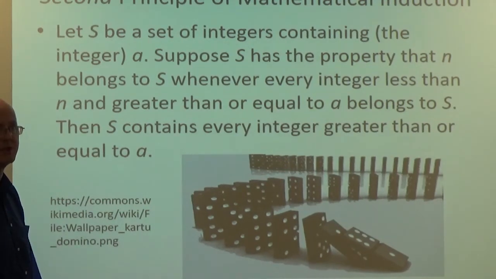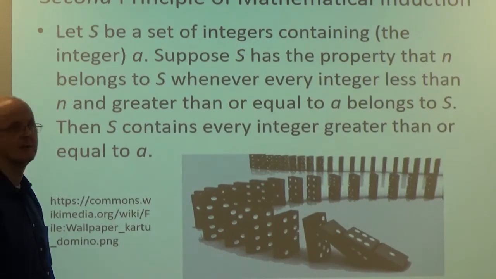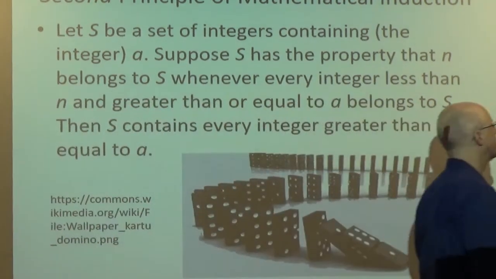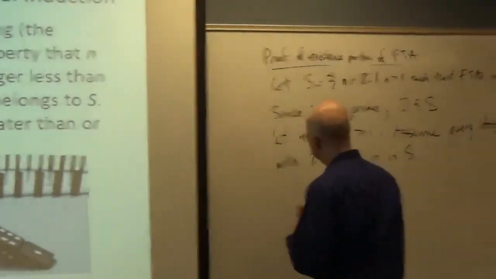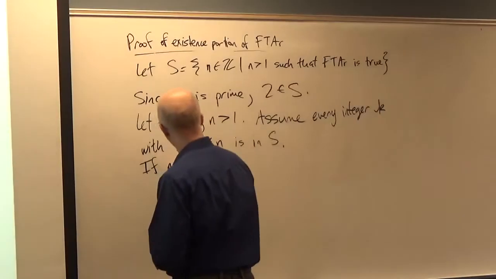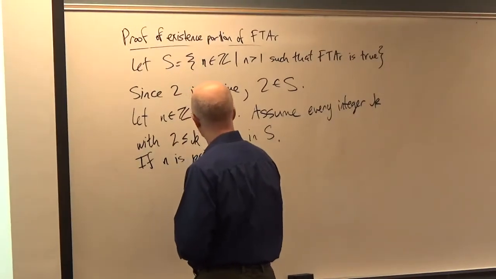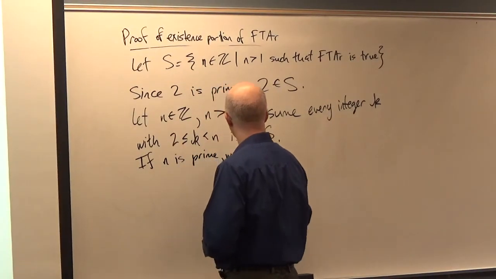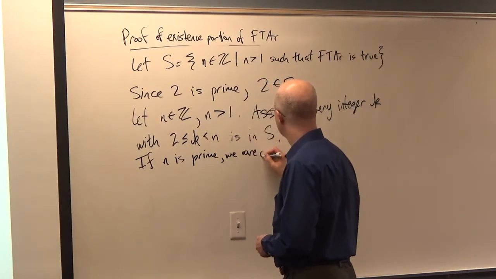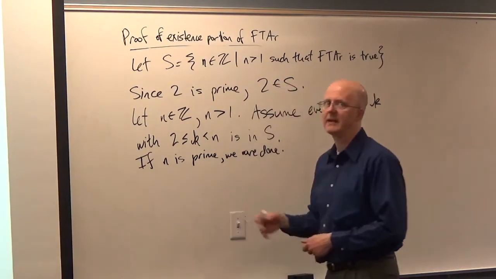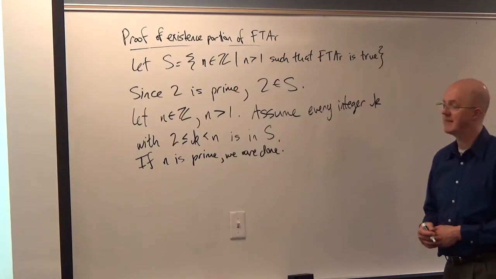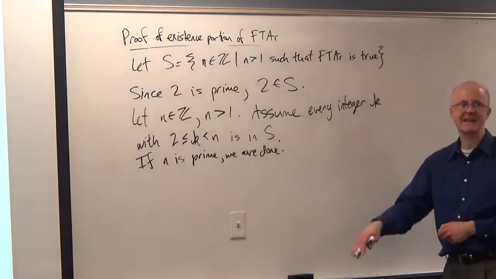And that would be finishing the existence portion. I can now say, if n is prime, we are done. I can apply the second principle of mathematical induction in that case. I won't say it until the end, though.